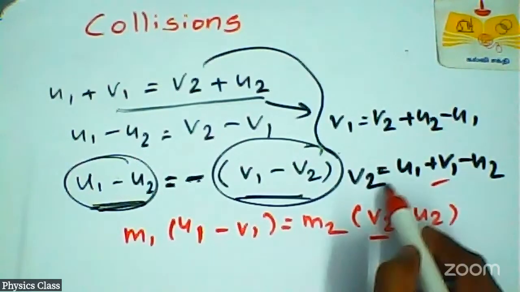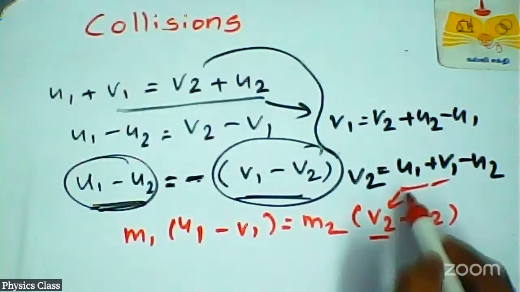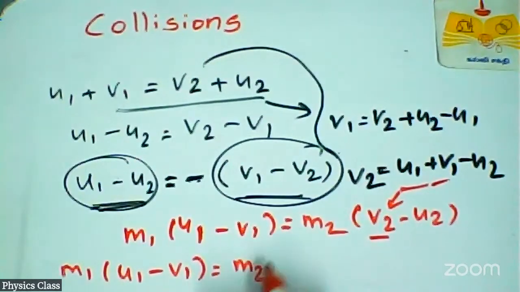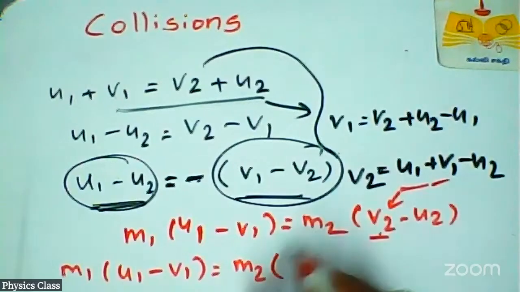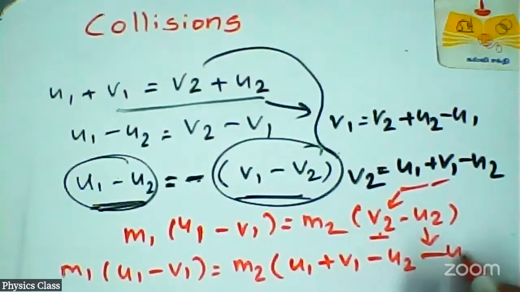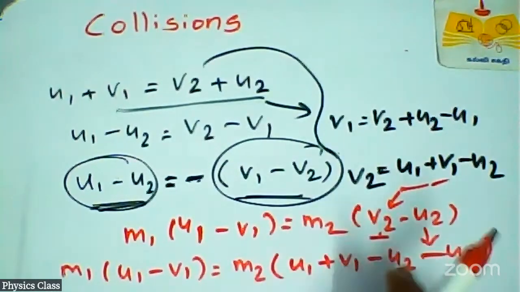So m1 times u1 minus v1 equals m2 times v2, replaced by u1 plus v1 minus u2, minus u2. Minus u2 means minus 2u2.